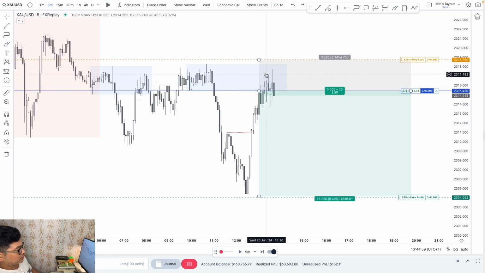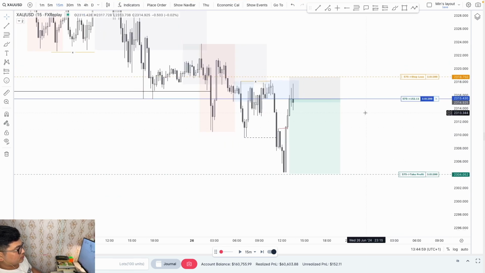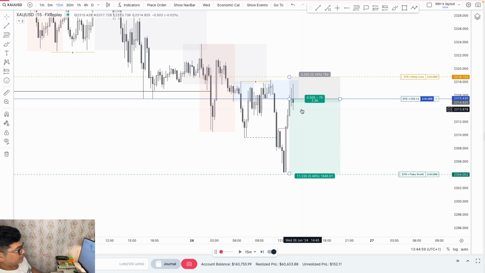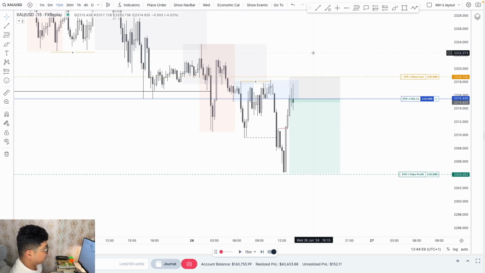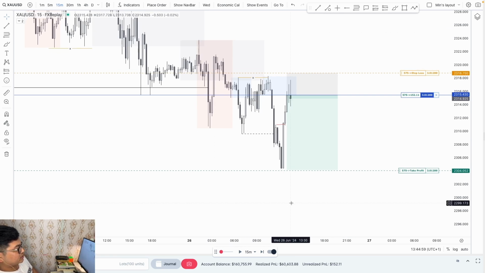So better you cover the POIs if it's possible. I don't really like to sacrifice a few RR for the sake of a tighter stop loss. I would always like to cover the POI if possible, right? This is something which has saved me from taking lots of unnecessary losses.